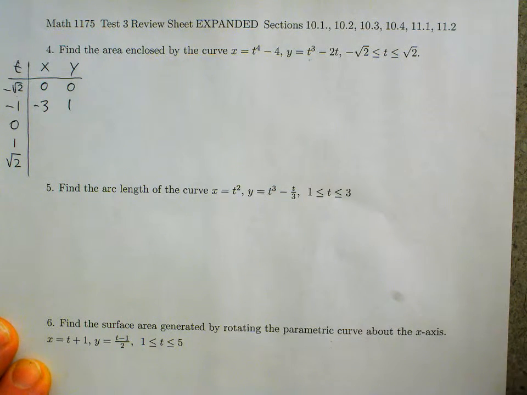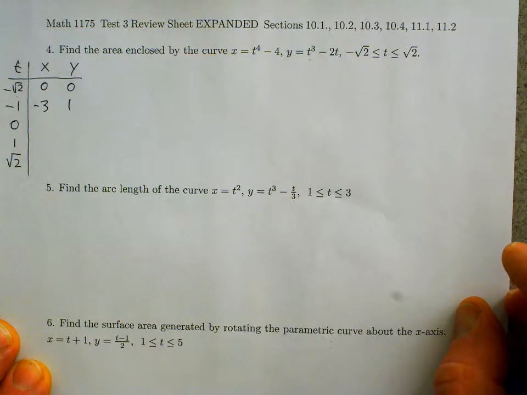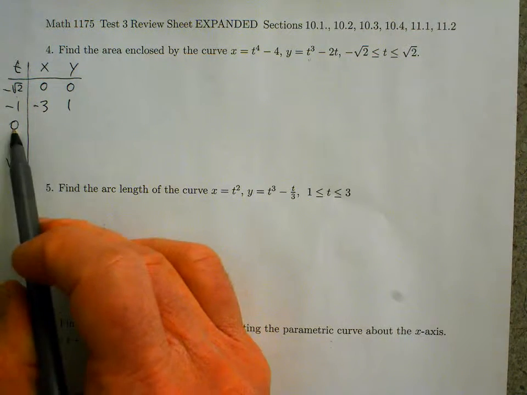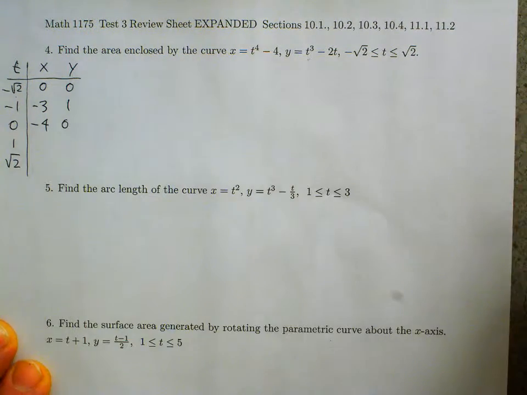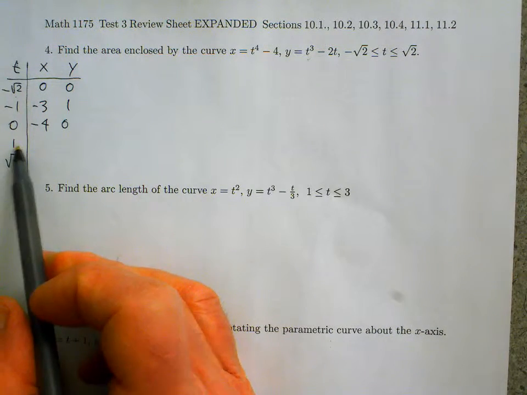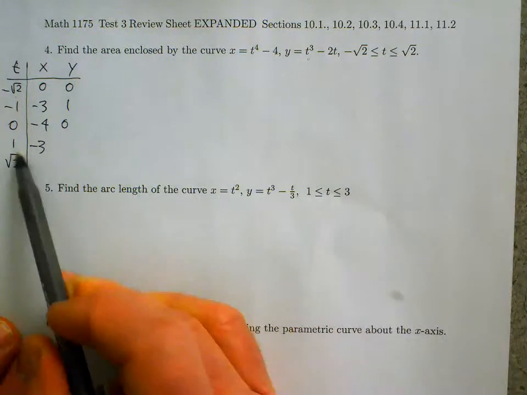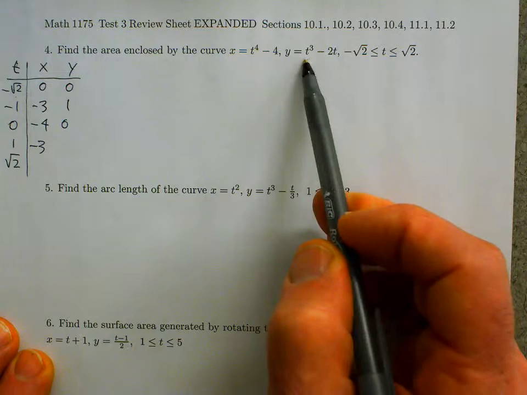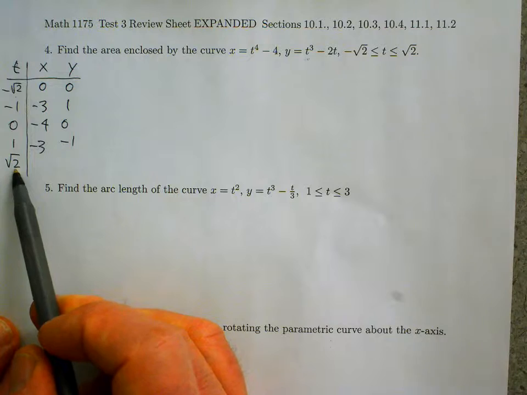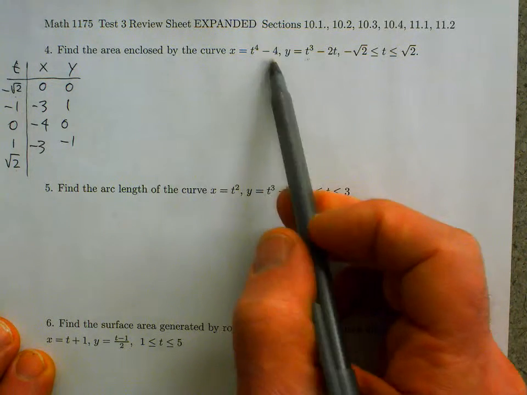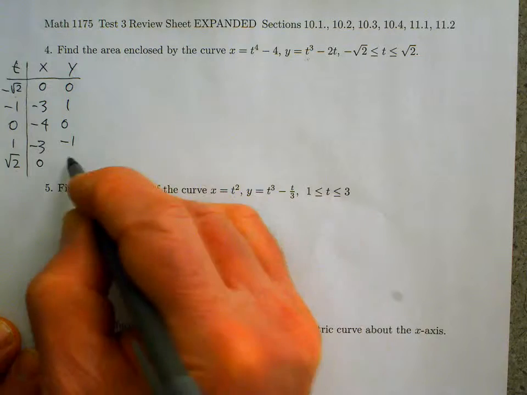Is that right? Is that what you got? Okay, then when t is 0, the x-coordinate is 0 minus 4 or negative 4, and the y-coordinate is 0. And then when t is 1, we get negative 3 for x, and 1 minus 2 is negative 1 for y. And then when t is the square root of 2, we're going to get (0, 0) again.